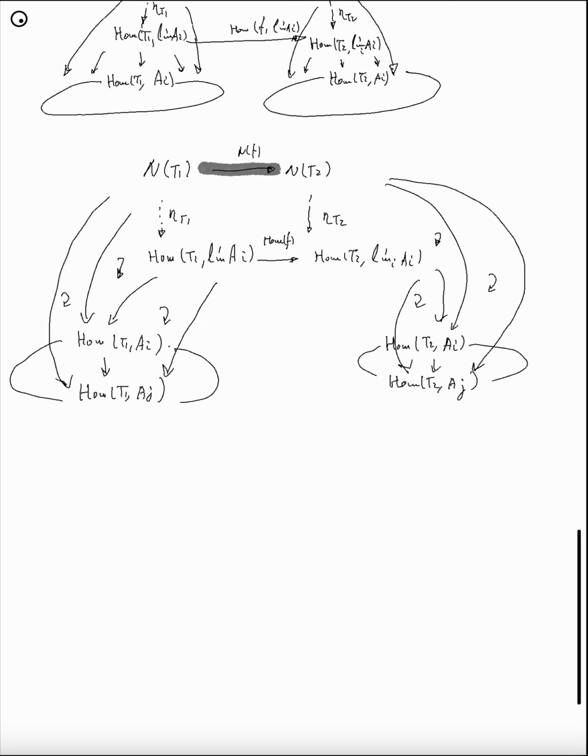If I look at this, right? Still making the diagram commute, which means this, by the universal property, this one still factors through the universal object in a unique way.